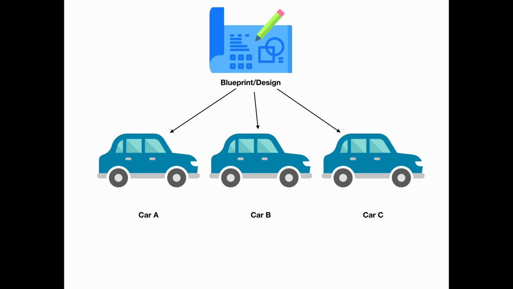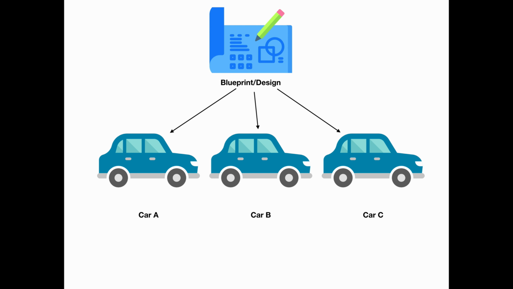Now, this blueprint can have a standard set of fields and methods. So for a car, it can have car color, engine type, amount of seats, and for the methods, you can have start engine, stop engine. So even if you create 1 million cars, all of them are going to use this design.